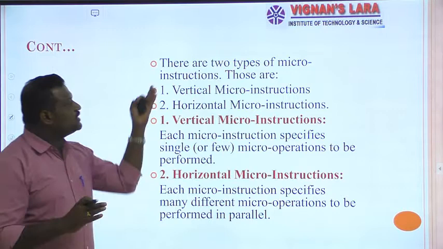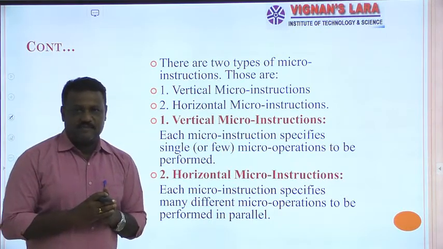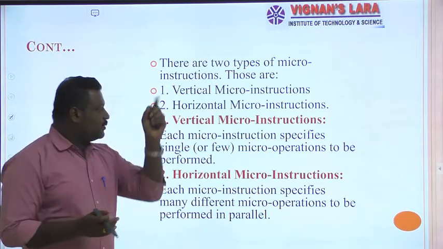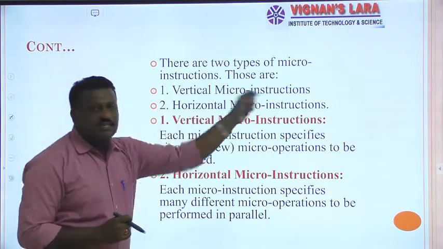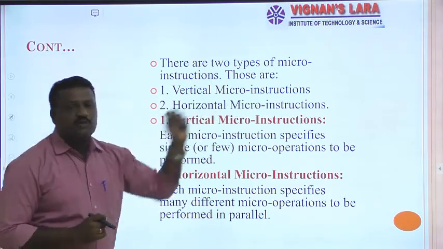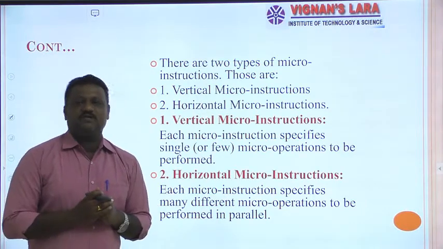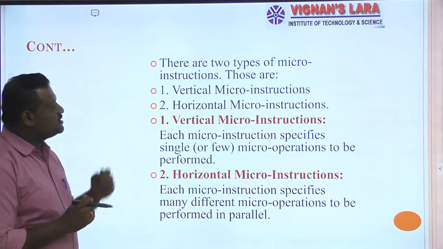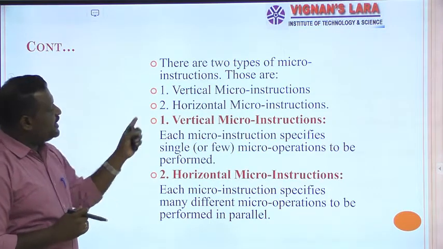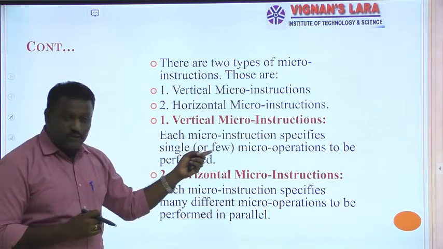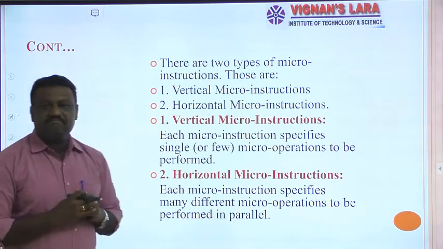Next, there are two types of micro instructions for us. That means there are two varieties of micro instructions. One is vertical micro instructions and the second one is horizontal micro instructions. What are vertical micro instructions? Each micro instruction specifies a single or a few micro operations to be performed.